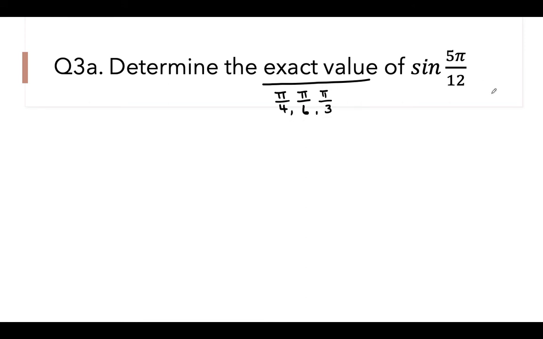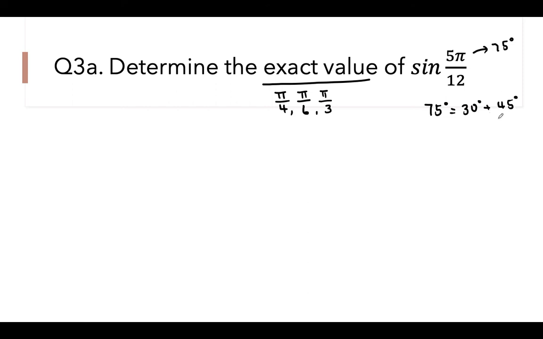If it helps you, you could change 5 pi over 12 into degrees to figure it out. So 5 times 180 divided by 12 is 75 degrees. Just by looking at it, 75 degrees can be broken down using 30 degrees and 45 degrees.